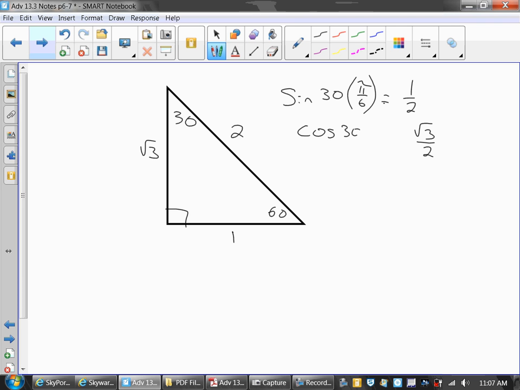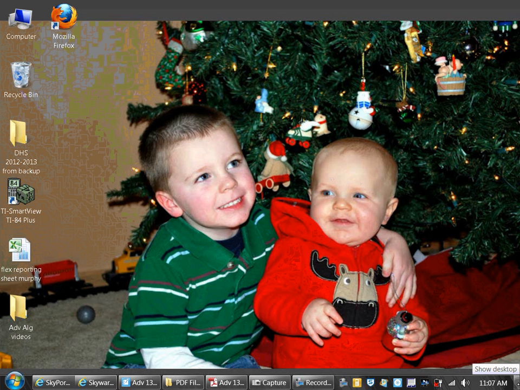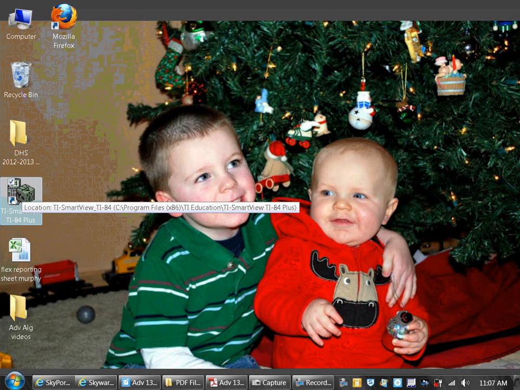Do me a favor. In your calculator real quick, just so you can see that this does work, make sure you are in radian mode. Remember how to check if you're in radians? Hit the mode button, and then I want you to hit sine of, and open up parentheses, hit pi divided by 6, close the parentheses.